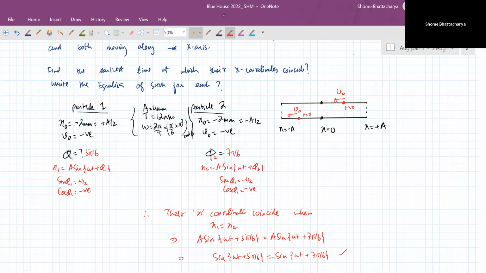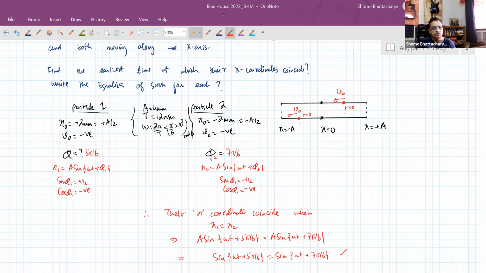First of all, hope the phase constant is clear to all of you, the values of the phase constant. So this is a bit like solving something like this now. Let's take omega t plus 5 pi by 6 as alpha.